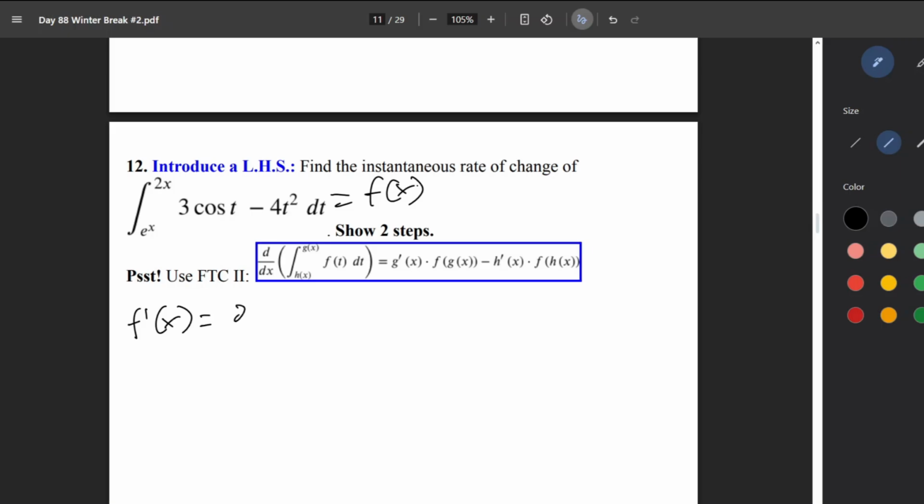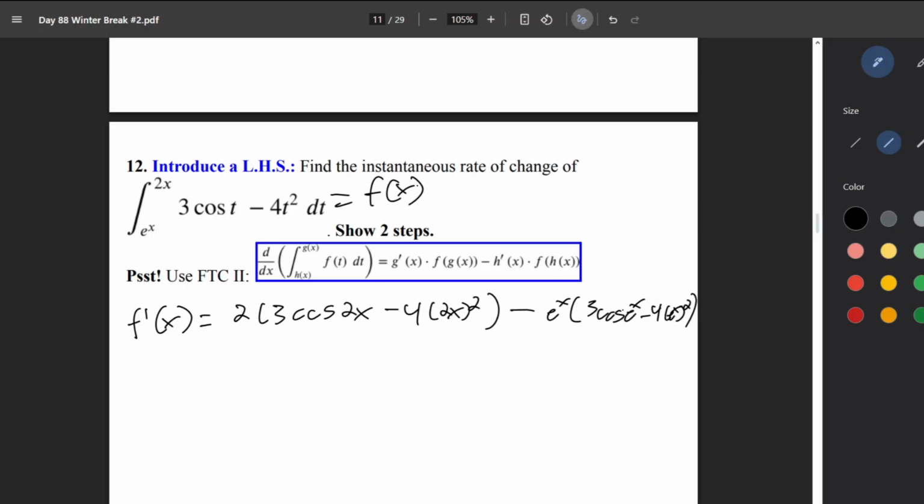So we have 2x, oh sorry, the slope, the derivative of the top one, then 3 cosine 2x minus 4 (2x) squared, then minus the slope of the bottom one, e to the x, 3 cosine e to the x minus 4 (e to the x) squared.